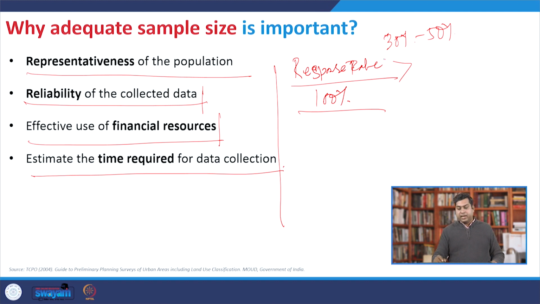The range that I am saying about the response rate will also depend on the type of survey that you are doing, and how interesting it is to the respondent. If it is too technical, people may show interest initially, and after answering one or two questions will go away. If it is of some interest, then you can get more responses, and it can go very easily and smoothly.